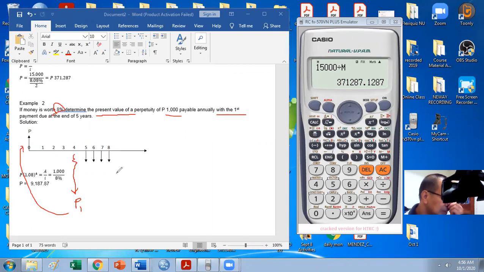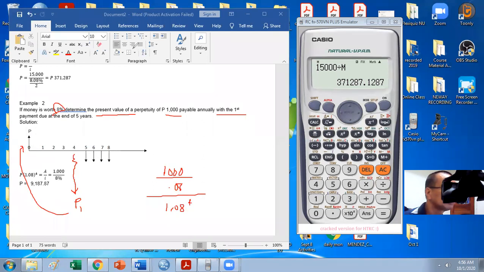Okay, so perpetuity now. Our perpetuity is just 1,000 divided by 0.08, using the formula A over i, then divided by 1.08 to the fourth.